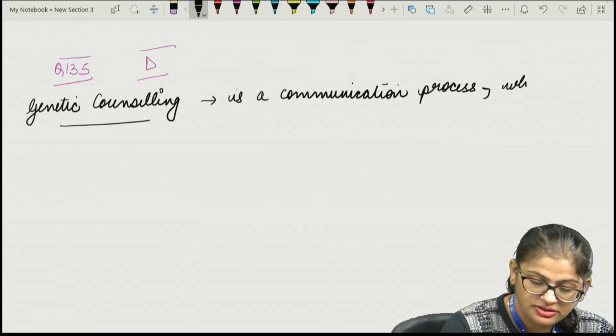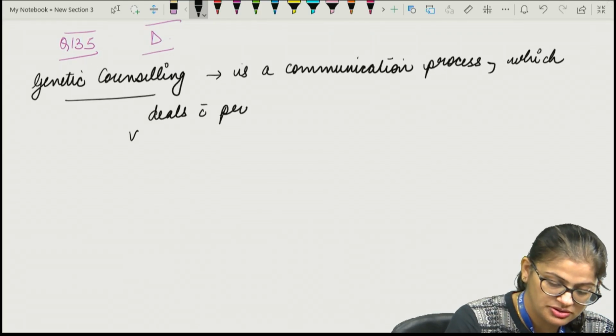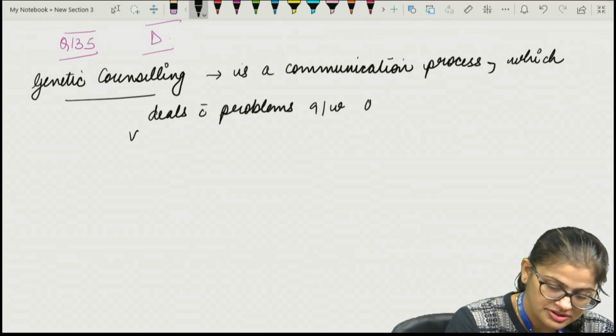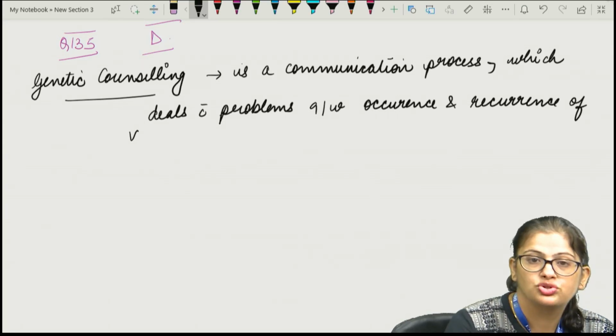which deals with problems associated with occurrence and recurrence of a genetic disorder in the family.